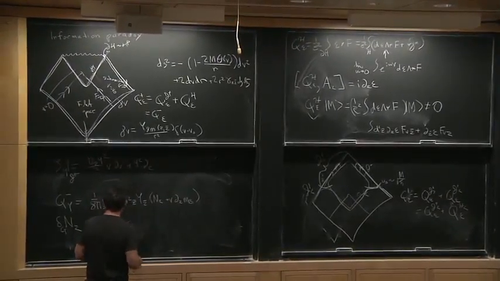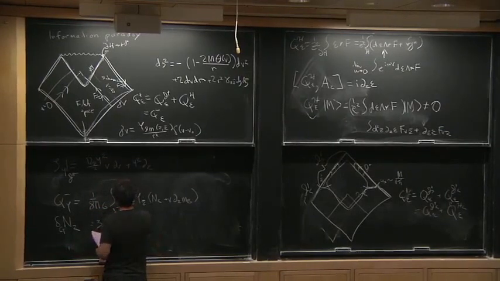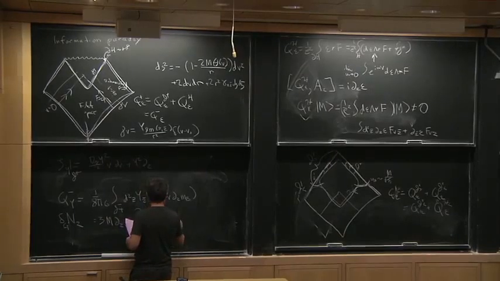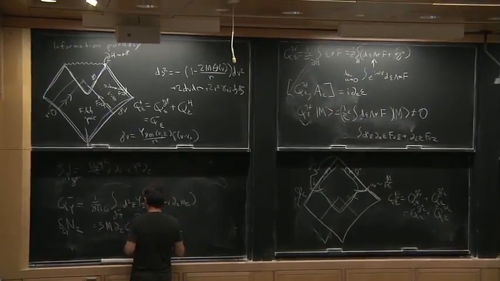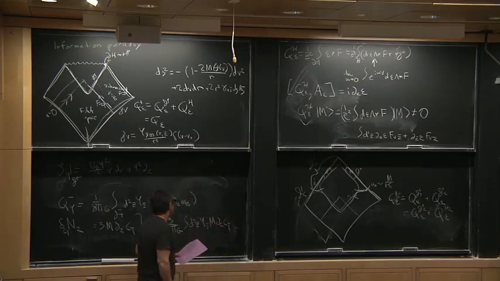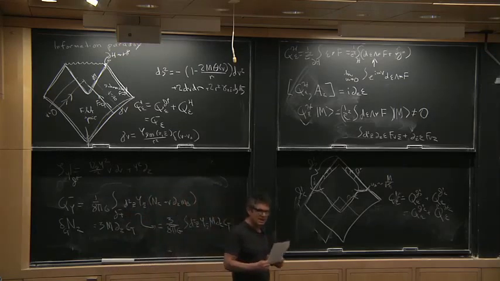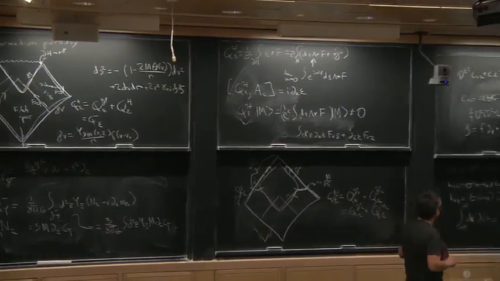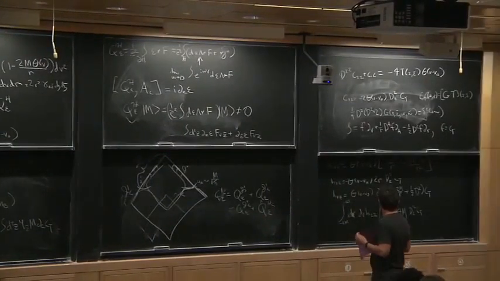And so this all becomes equal to 3 over 8 pi G integral d squared z y^z bar m dz ct. In other words, when you supertranslate a black hole, already at the classical level, it gets non-zero superrotation charges.